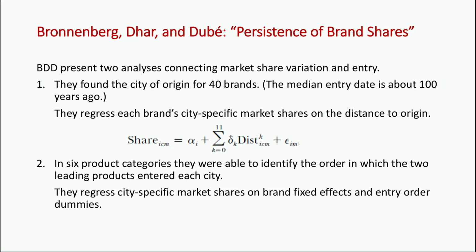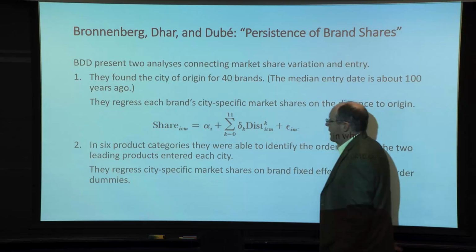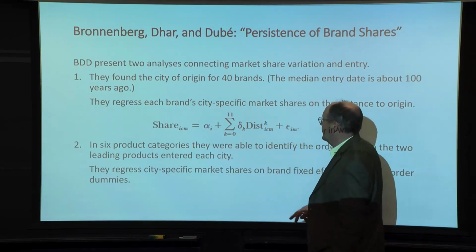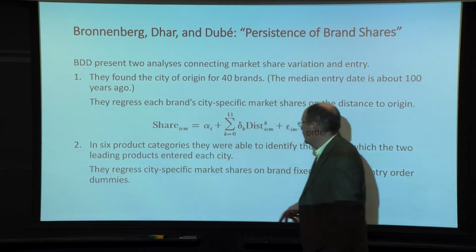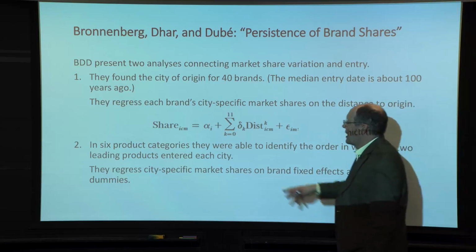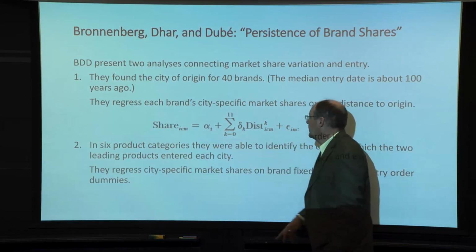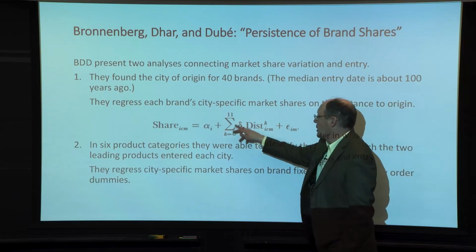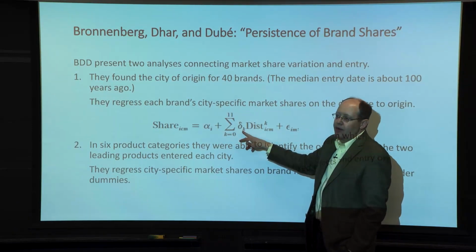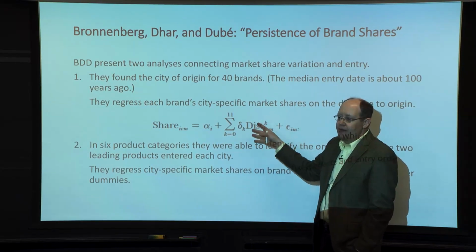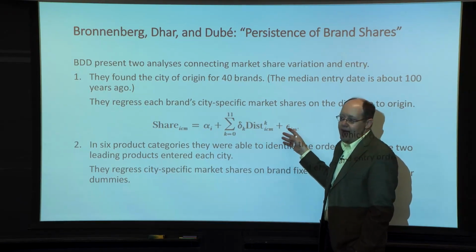This is their main analysis, where they have 40 brands for which they could find these origins, and they regress the market share that brand i is getting in city m, forget about the c's. It's a constant, so like, Hellmann's is better than Kraft, plus these coefficients based on your distance to the origin city. Are you the origin city? Are you 50 miles from the origin city? Are you 100 miles, 200 miles, 1,000 miles?